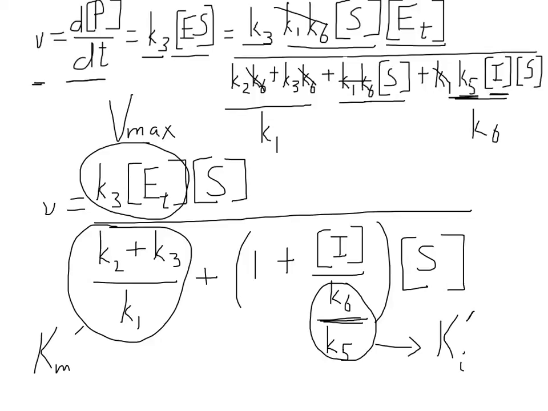And I'm going to add a prime because if we were doing the case of competitive inhibition, we would also have a capital K subscript I term. And to distinguish the two, I'm going to use capital K subscript I for competitive inhibition and capital K subscript I prime for uncompetitive inhibition.